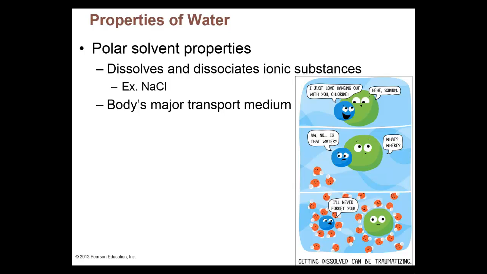So sodium chloride is stuck together using an ionic bond, and when we break apart, sodium has a plus symbol, chloride has a negative symbol because one's gained one, one's lost an electron, or one has an extra one, one's missing one. And so water likes to break apart ionic substances into their ions. And so it makes it the body's major transport medium. If an ion needs to get from one part of the body to the other, it can dissolve in water and transport around that way.